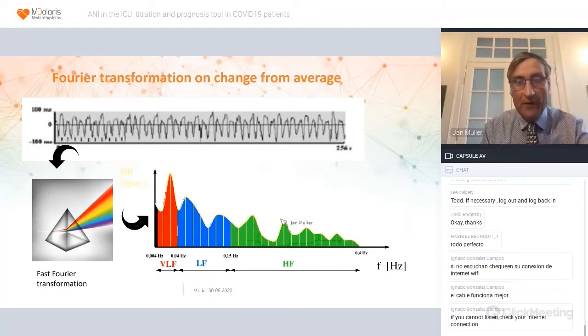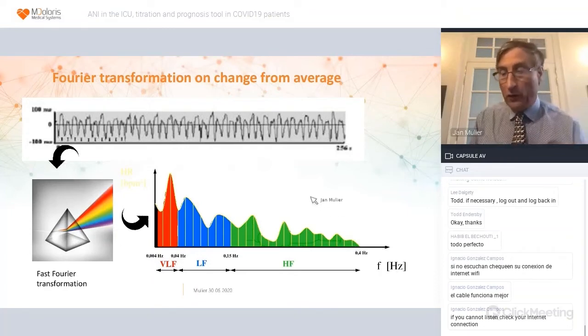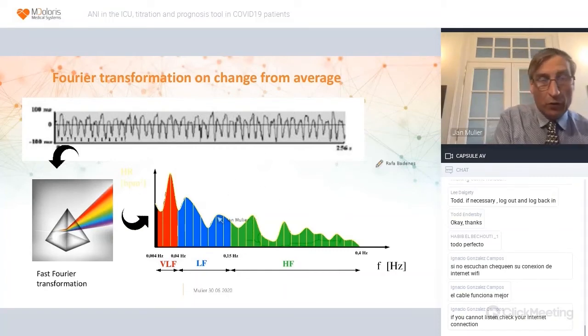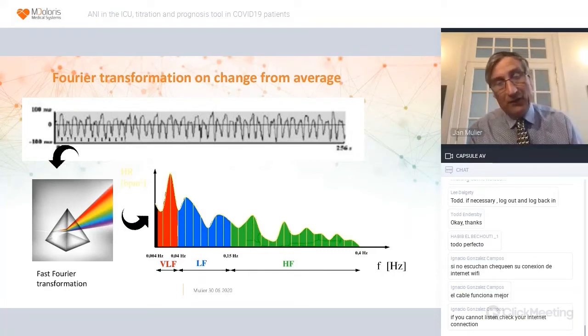As you can see here, we say high frequency if we go from 0.1 hertz to 0.4 hertz. We are not looking at the frequencies of the heart rate. We are below that. But in the high range, the power here is a replica of the amount of the parasympathetic activity, while here at a very low frequency, you're looking at the ortho and parasympathetic system together.